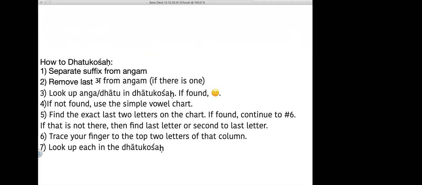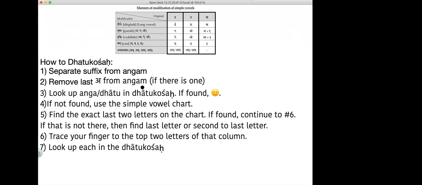Okay, let me pull up the chart. I can't seem to think of an example of when this would happen. Yeah, we don't see this as common here when you just see that last letter.